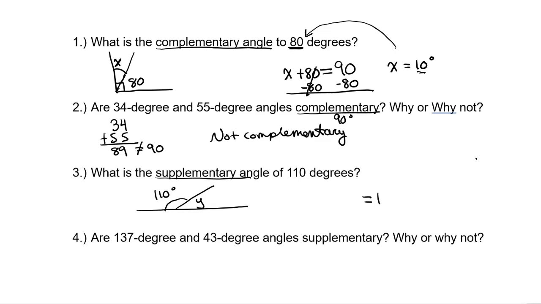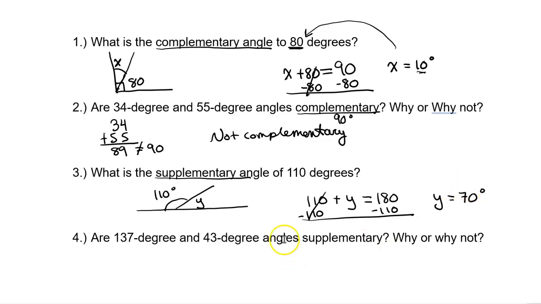So I do know that whatever my equation is, it has to equal 180 degrees because it's supplementary. Now I have the angle that I was given plus the angle I don't know, and now I have a little equation that I can solve. So I do minus 110. So y equals 70 degrees. And again, you can add your 70 plus 110 and make sure that it gives you 180 degrees, which it does.